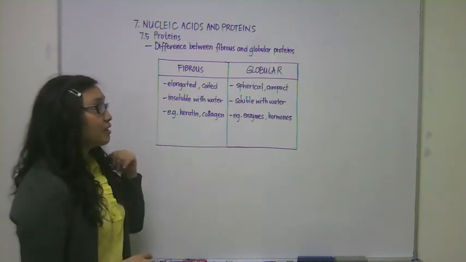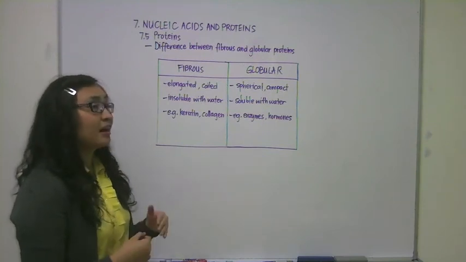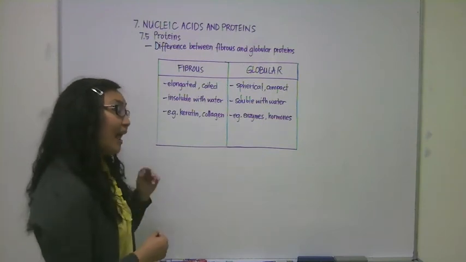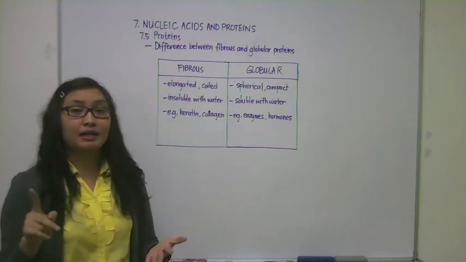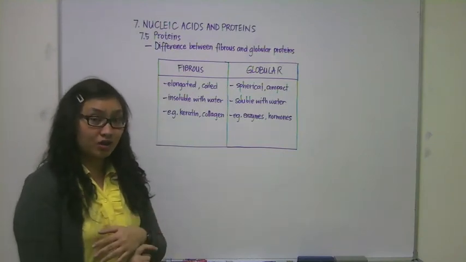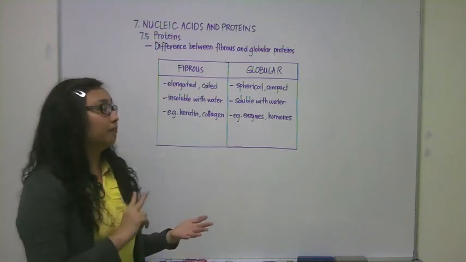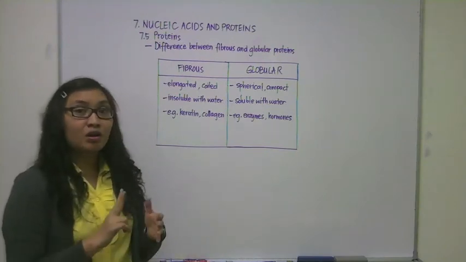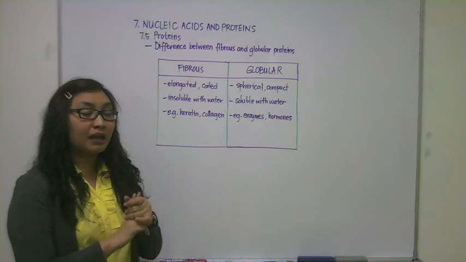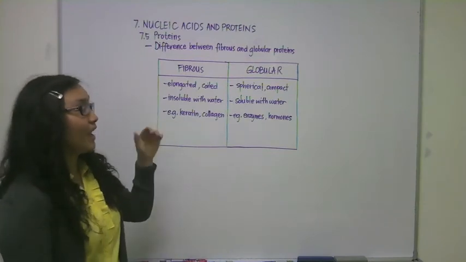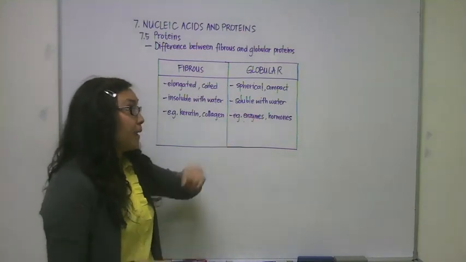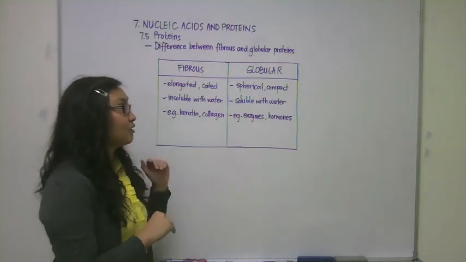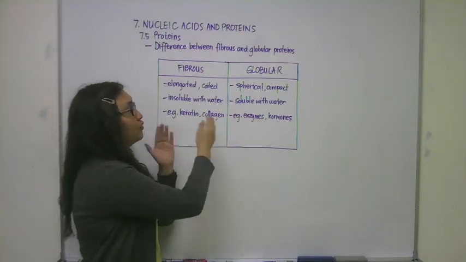In the case of globular proteins, since they're spherical and compact, they're made up of alpha helix structures and beta sheets. When these are formed all together, they conform into a more compact structure. Globular proteins, as compared to fibrous proteins, are soluble in water.